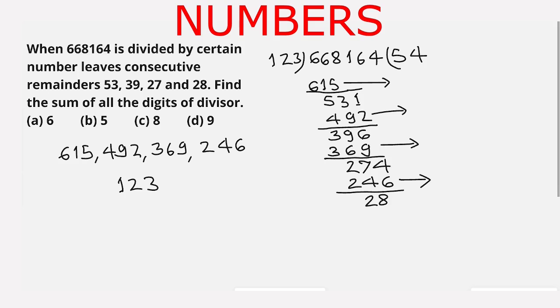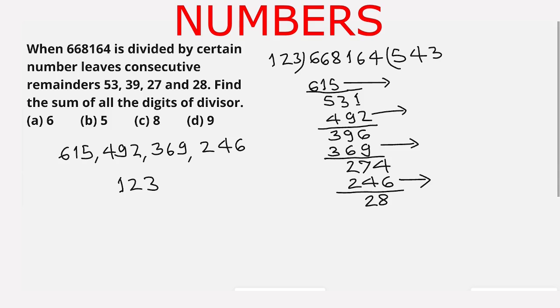We carry 6 from above, so the number becomes 396. And 123 divides 396 for 3 times, and 3 times 123 is 369. 369 when subtracted from 396 leaves remainder 27.